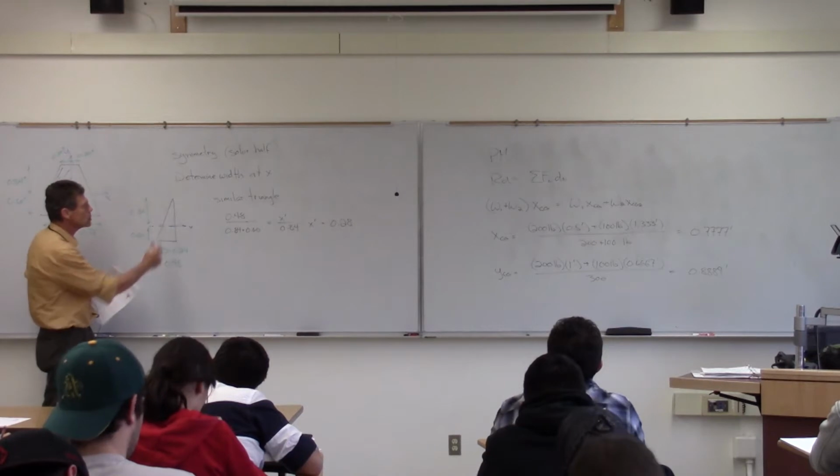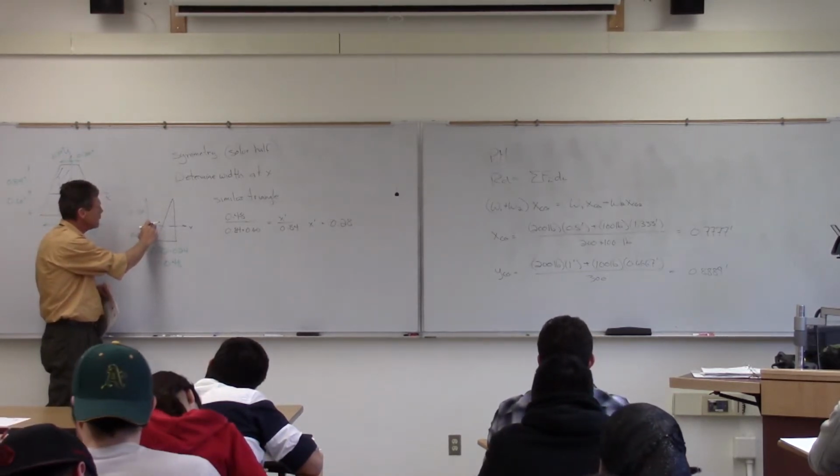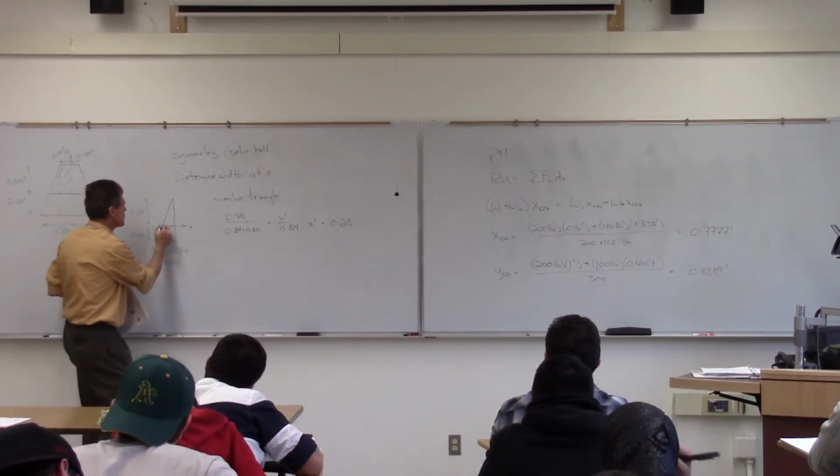And then the partial triangle that I'm going to be doing, the similar triangle there, is only 24 height. The unknown distance then is that base there. This is the x bar.